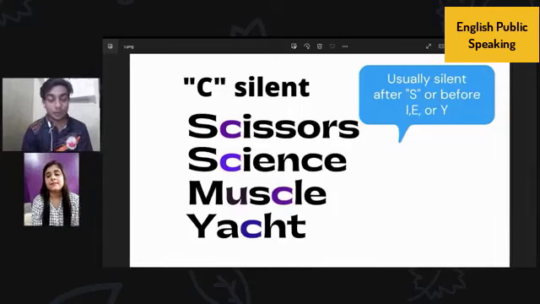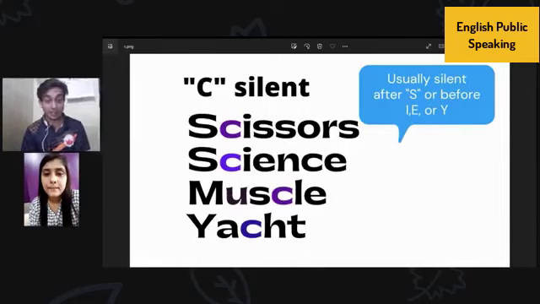So we have to follow these words and these rules. In this way we will know a lot of things and a lot of words related to C. Here are scissors, science, muscle, yacht. Here I didn't pronounce letter C. So that is it about C.